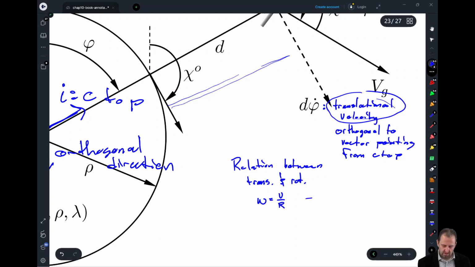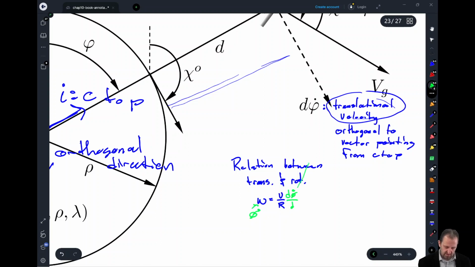In our case, we have that V here is our d phi dot, r is going to be d, and omega is going to be phi dot.